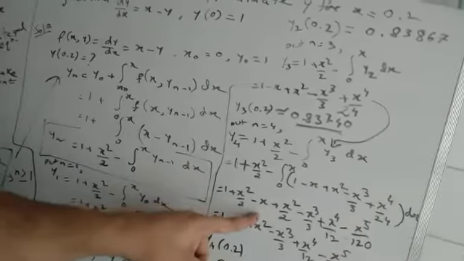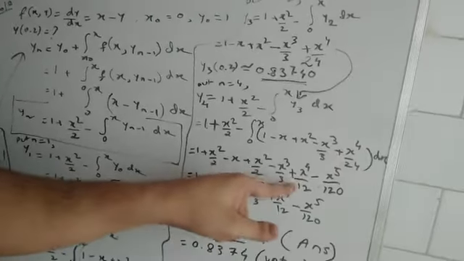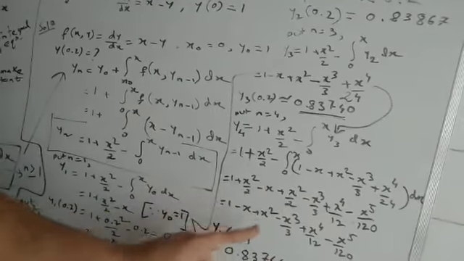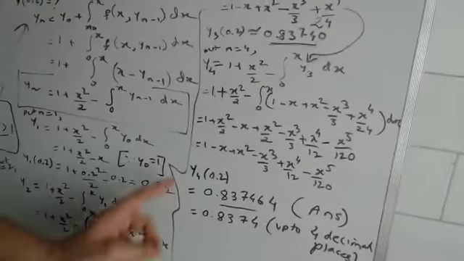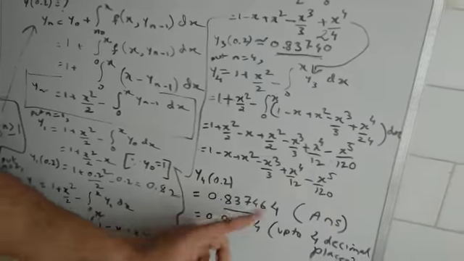After integration you will get minus x plus x square by 2 minus x cube by 3 plus x4 by 12, and it is minus x5 by 120. Okay, and x square by 2 plus x square by 2, again you can write x square, and other things will remain the same. Okay, and now again put x is equal to 0.2, you will get 0.837464.